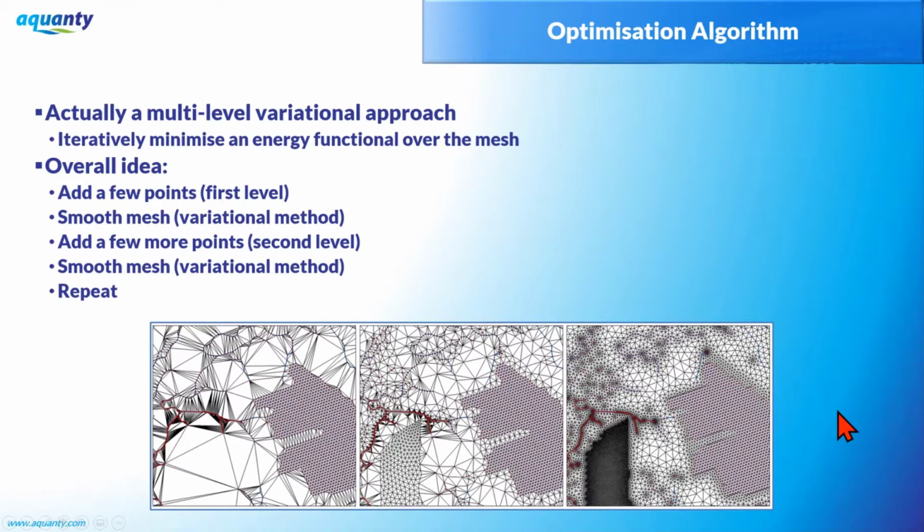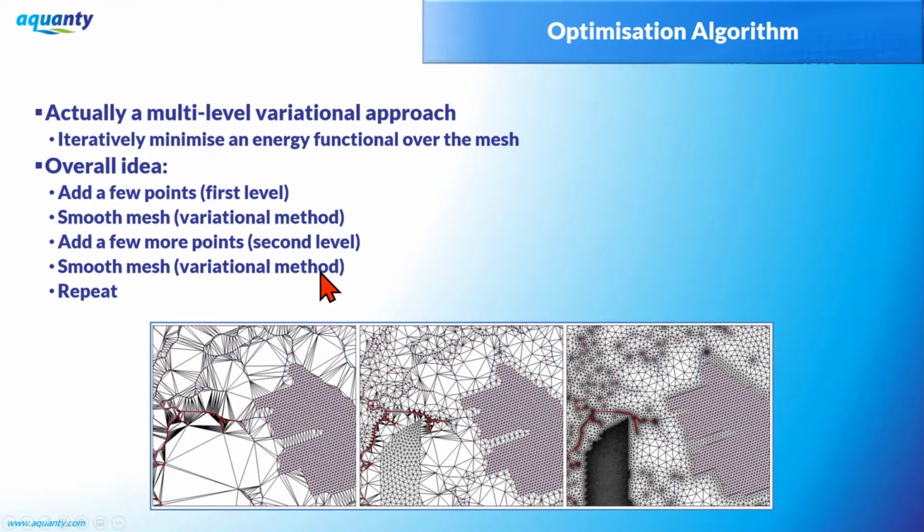In contrast, the optimization algorithm, which employs a multi-level variational approach to produce much higher quality meshes with fewer overall cells, combines this Delaunay refinement with a weighted Lloyd smoothing technique to iteratively minimize an energy functional derived from the edge length field. Execution of the variational approach can be broken down into multiple levels.